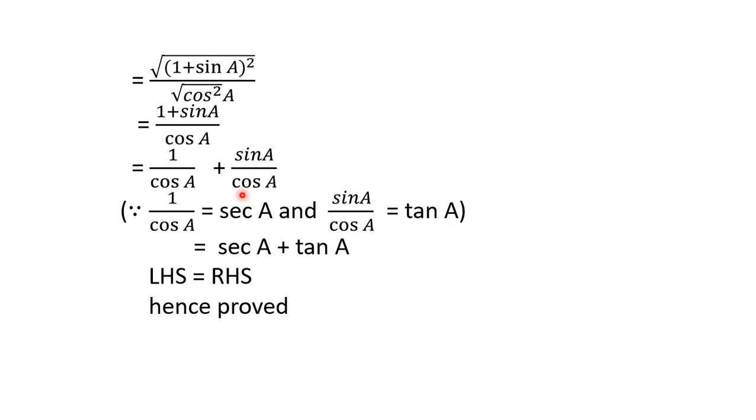So we get sec a plus tan a. This is the right hand side, so the left hand side is equal to the right hand side, and hence it is proved that under root 1 plus sine a upon 1 minus sine a is equal to sec a plus tan a. Sine a upon cos a is equal to tan a, which is also called the quotient relation.